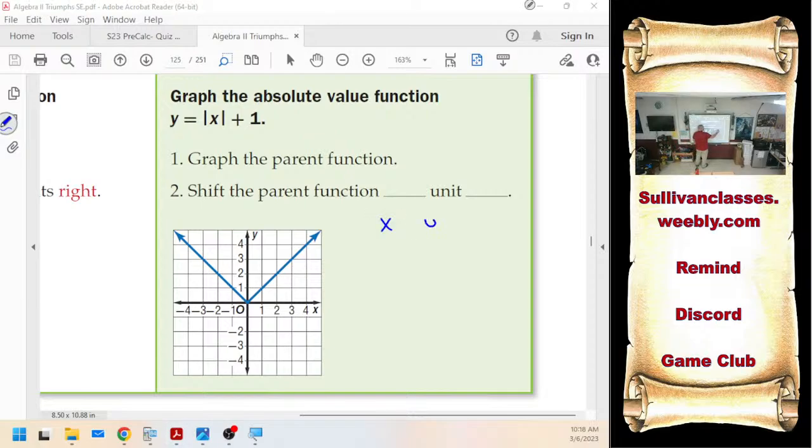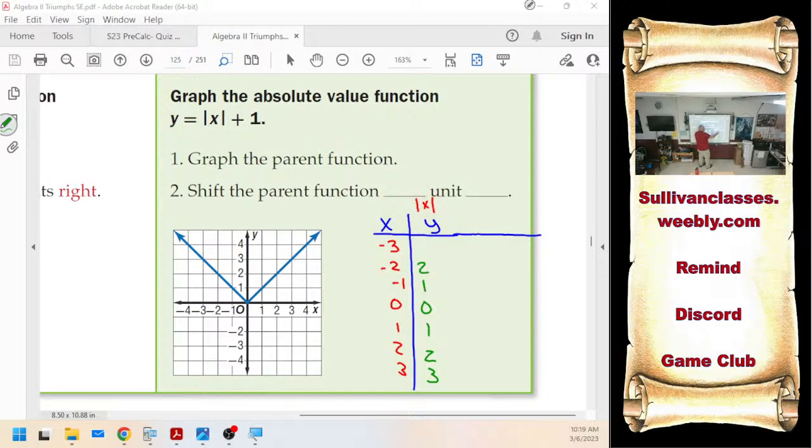If I were to use my good old table here with -3, -2, -1, 0, 1, 2, 3, and I dealt with just the absolute value of x, the parent function, y equals absolute value of x, tell me, how far away from 0 is 0? Cool. How far away from 0 is 1? Is 2? Is 3? You're like, man, we should do this kind of math all the time. What's the absolute value of -1? How far from 0 is it?